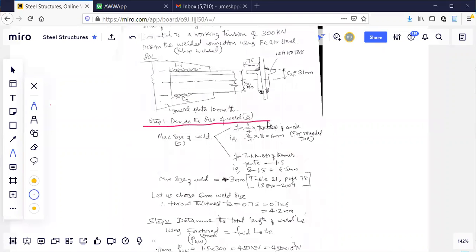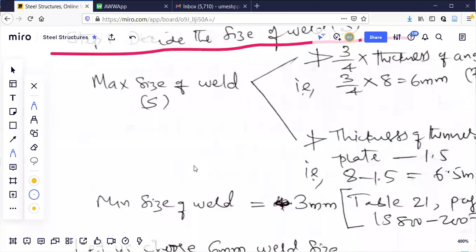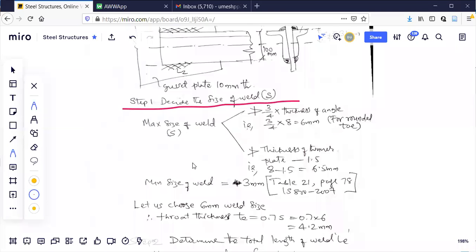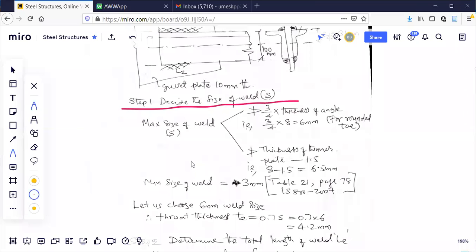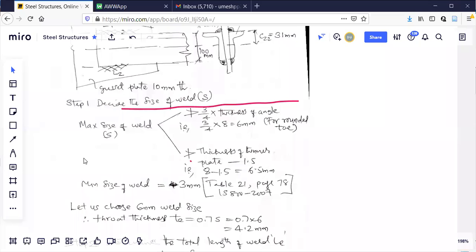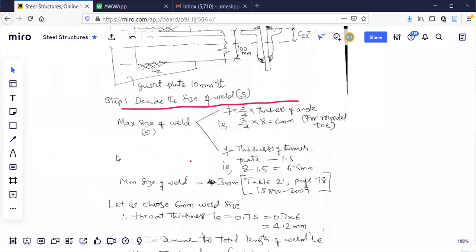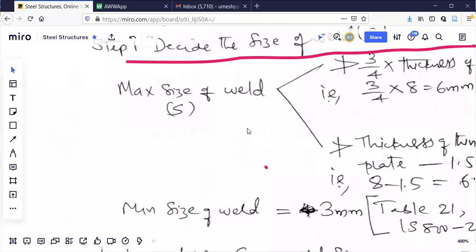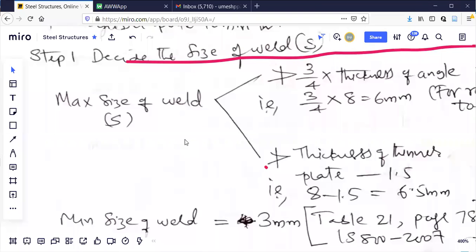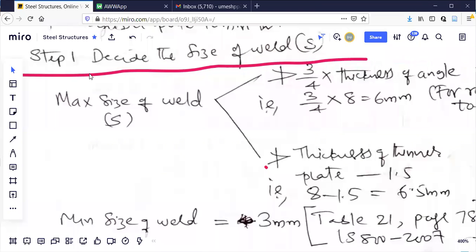I have to decide the value of S. Once I know S, I can get throat thickness, which is 0.7 into S. So step number one is size of the weld.